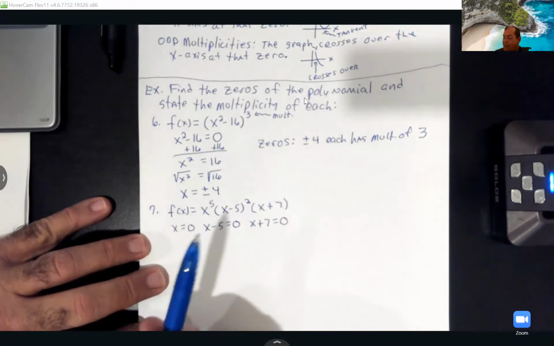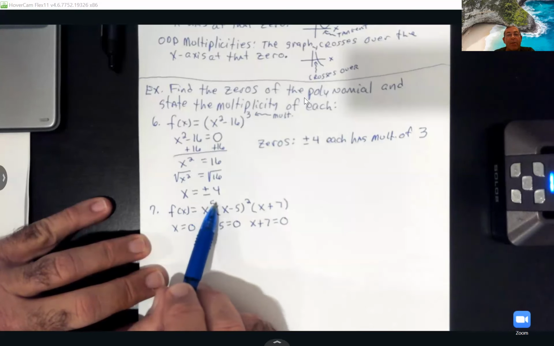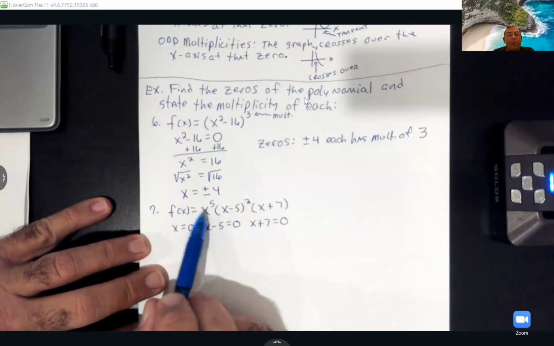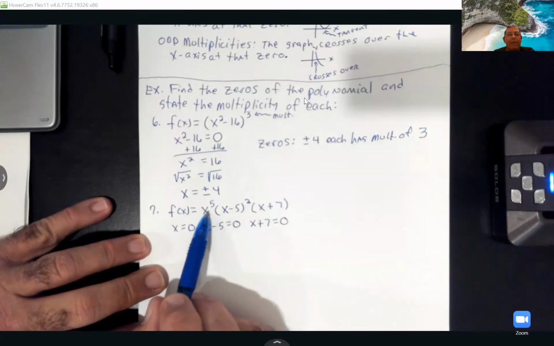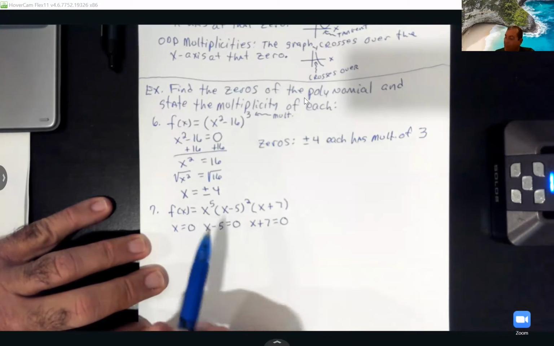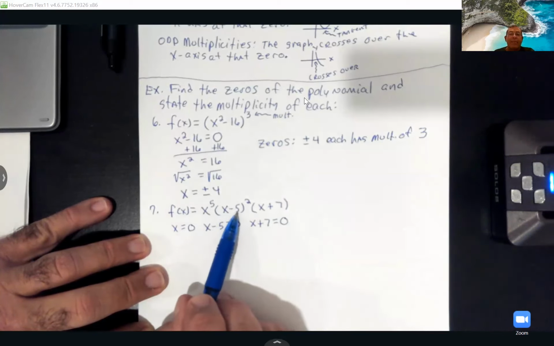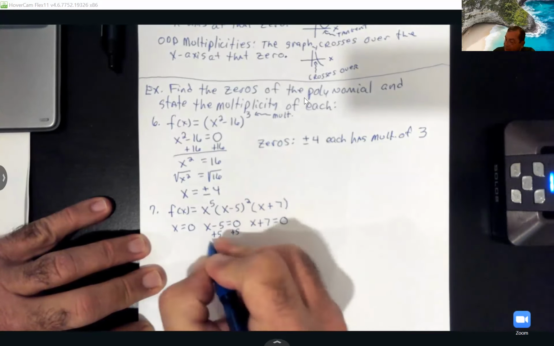Now y'all notice this. Anytime you got a single x like this with an exponent, it's always going to equal 0. Okay? 0 times 0 times 0 5 times is 0, no matter what that exponent is. Now the second one, I got an x minus 5, so I'll solve that by adding 5.